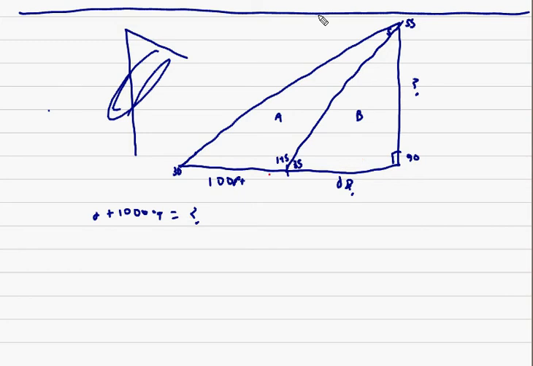Sorry, this is D, this is X, and we need to figure out what X is. So we know that tan of 35 is equal to X over D, and also we know that tan of 30, oops, why did I put an equal sign there? Mistake. So that's not there.